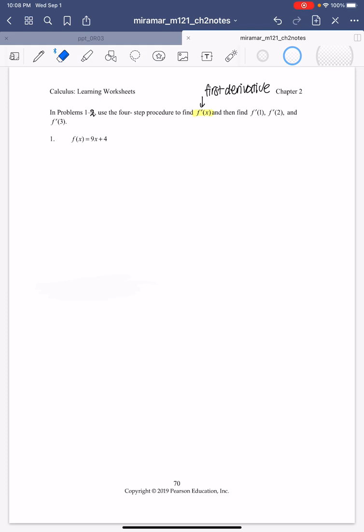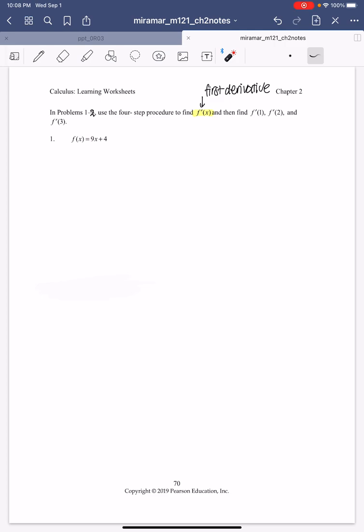Notice the symbol here. This is not f of 1, it's f prime of 1. And this is not f of 2, but f prime of 2. So you're going to be plugging 1 into the derivative function, 2 into the derivative function, and then 3 into the derivative function, not into the actual function.